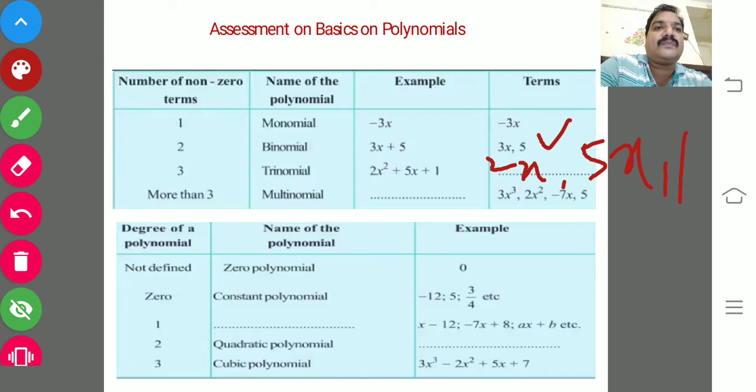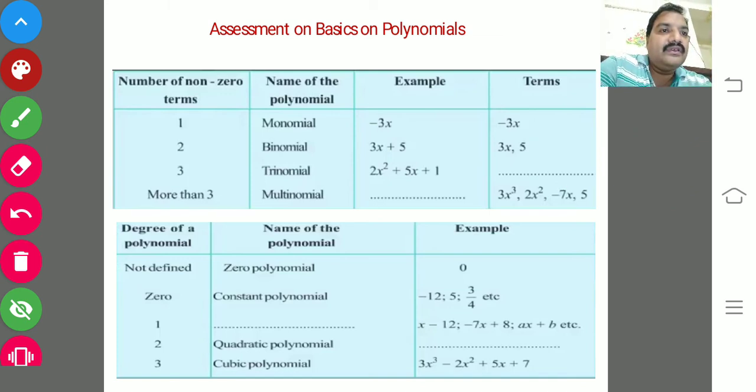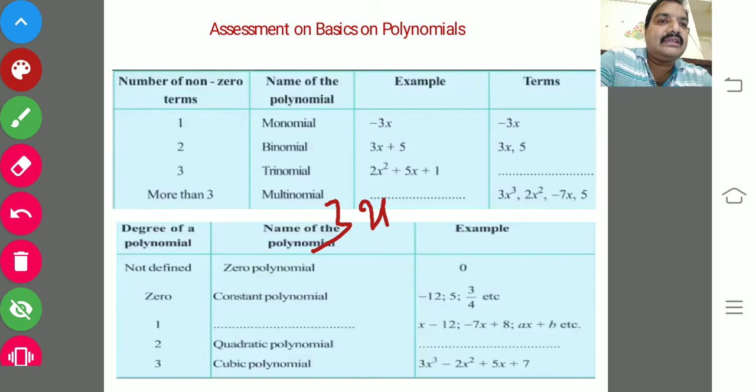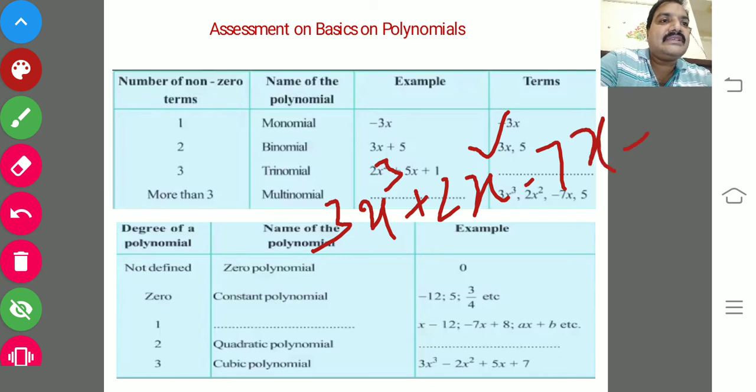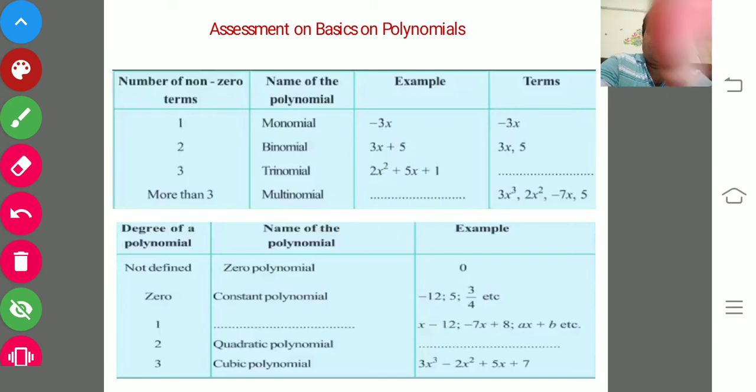This is the trinomial expression. And for multinomial, 3x cube plus 2x square minus 7x plus 5 is given. You just write multinomial here, 3x cube plus 2x square minus 7x plus 5. That's it. It's the multinomial.